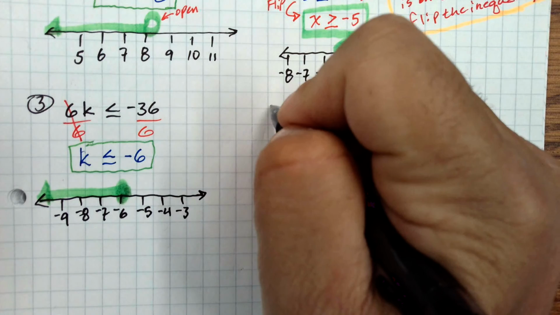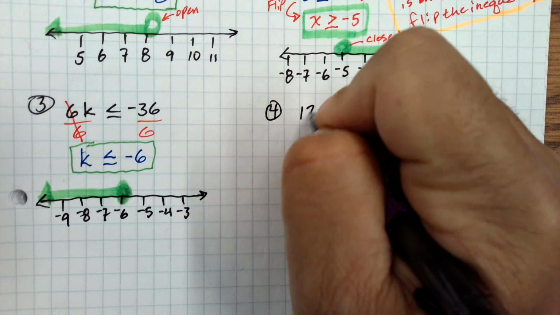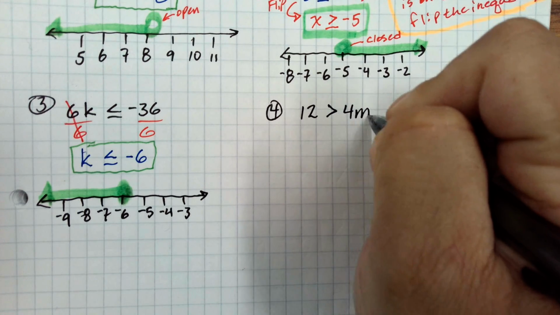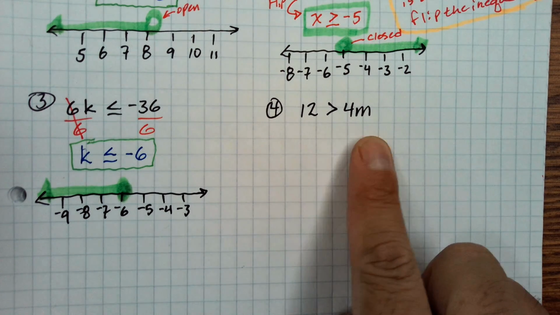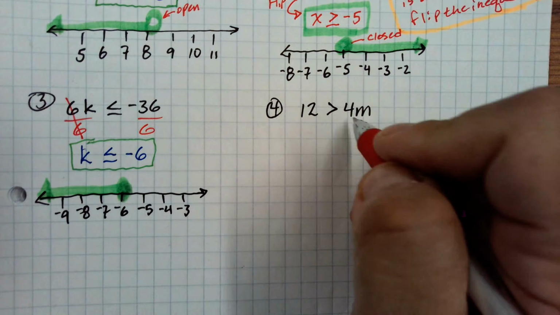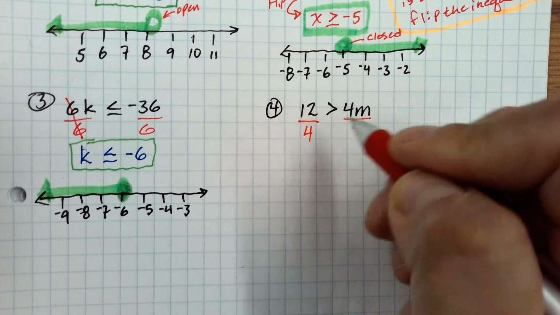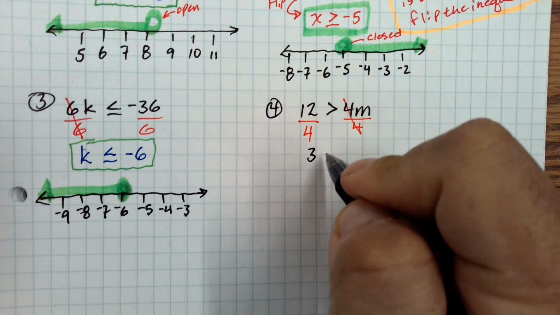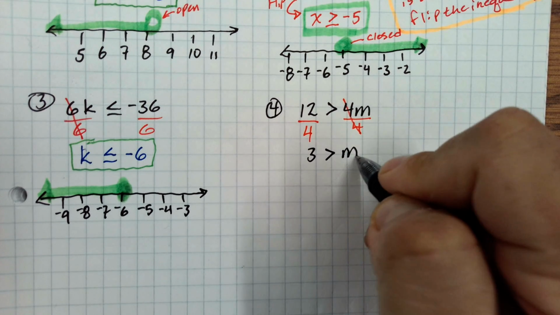Number 4. Let's do 12 greater than 4 times m. 12 greater than 4m. Let's solve this one. Again, it's multiplication involved, so we'll divide by 4. Cancel this 4. So 12 divided by 4 is 3, greater than, the 4's cancel, just m.